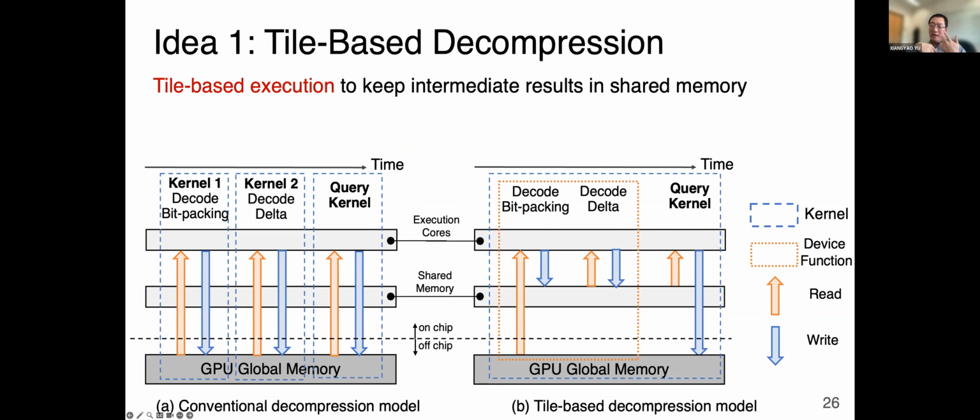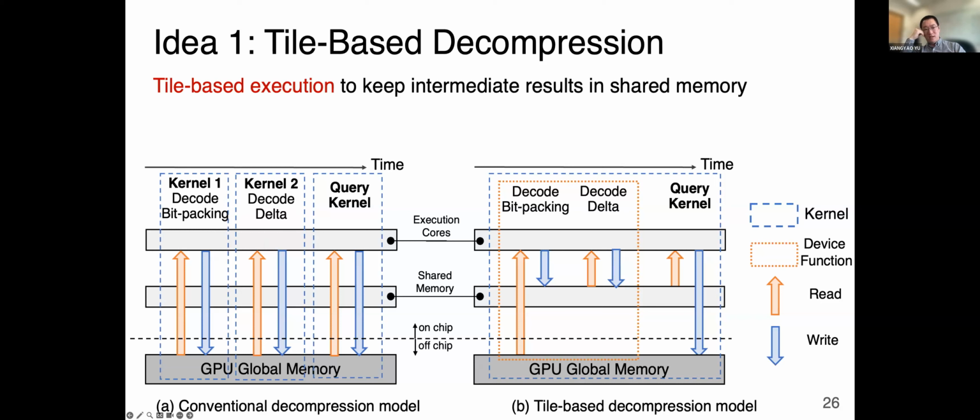You always have layers of compression in order to reduce the data size. So conventionally, you will decompress these layers in different kernels. Let's say the data is compressed using delta encoding first, and then on top of that, you have bit packing. When you decompress, you need to go in the reverse order.